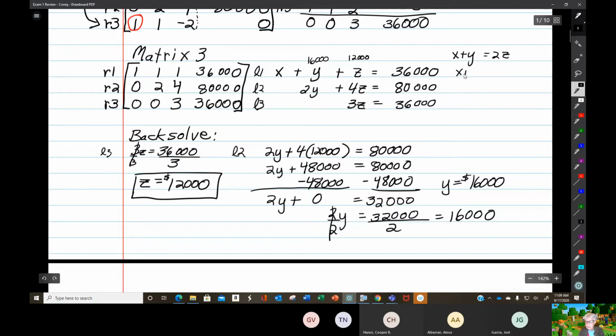And so X plus 16,000 equals 2 times 12,000. And so if I subtract 16,000, well, I shouldn't do that yet. Never mind. This just might be a little faster. I honestly don't know.